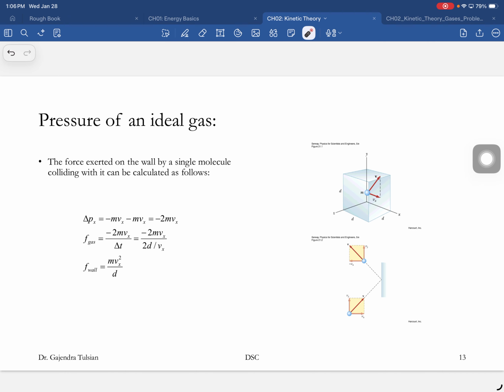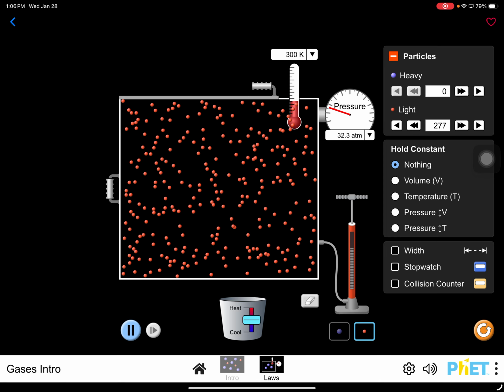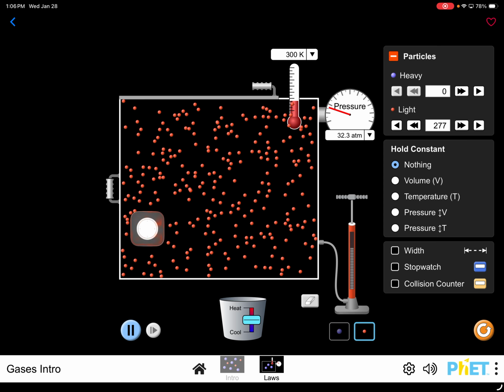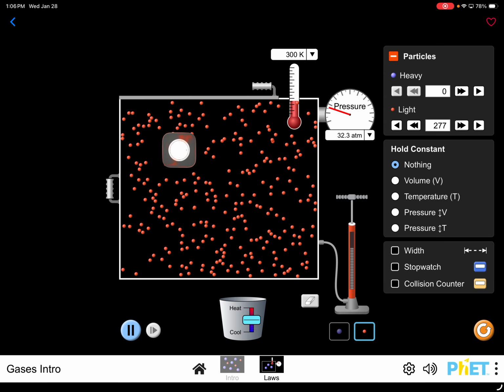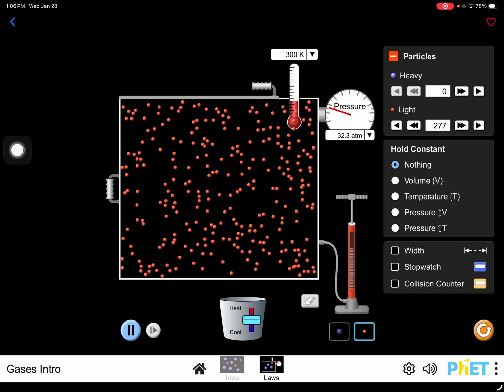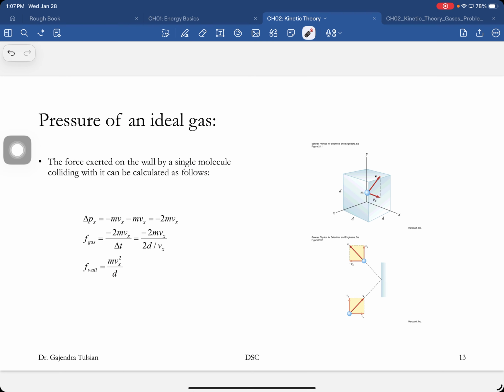And what does Newton's third law say? If a wall exerts a force on the molecule, the molecule exerts an equal and opposite force on the wall. So we'll calculate first the force on the molecule, and that will give us the force on the wall that the molecule exerts.